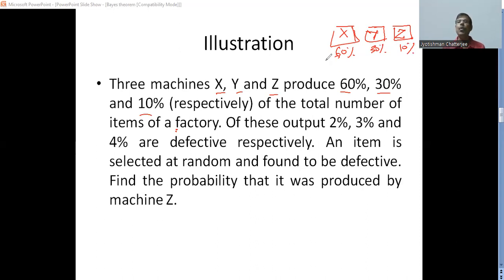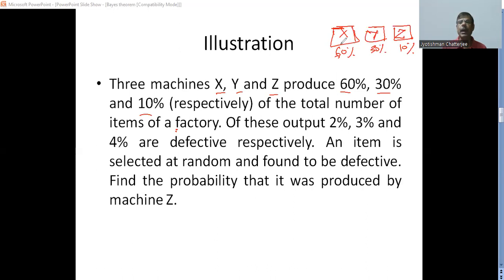Now, no machine can produce all the items in good condition, I mean properly. There will be some mistakes, some bad items will also be produced inadvertently. So that data is given.